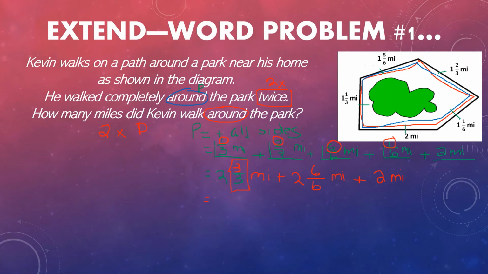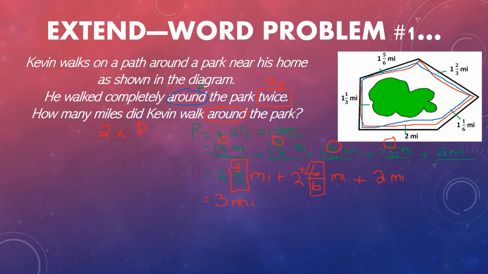Remember, one of the rules with fractions is that when you have the same numerator as the denominator, that gives us 1 whole. That makes this problem a lot easier. That means now all you have to do is just add this 2 to this 1 whole, and that will give us 3 miles. And we're going to do the exact same thing with this 6 over 6 right here, because that also gives us that 1 whole.